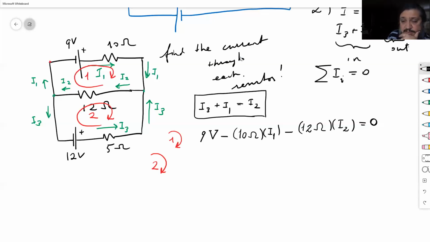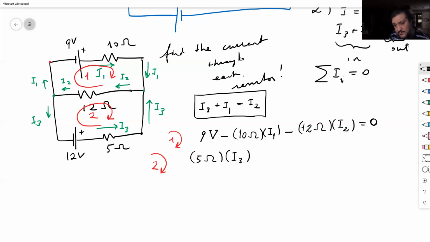So let's say I start here, the lower right corner. Now moving to the left, I'm going against the current, all right? The 5 ohm resistor I'm talking about. I'm going against the current, so potential increases by 5 ohms times I3.